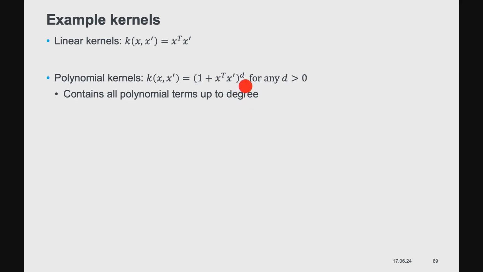I mean, that's quite cool. If you were to explain this in detail, you would have different terms for example x to the power 3 or x to the power 2 times x prime and so on. All these are contained in here.